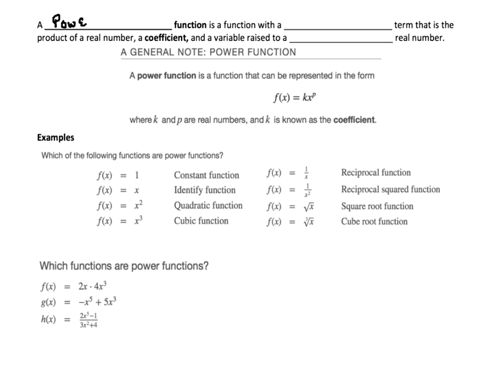A power function is a function with a monomial term that is the product of a real number, a coefficient, and a variable raised to a fixed real number. In other words, with a power function, the variable is not going to live as the exponent.